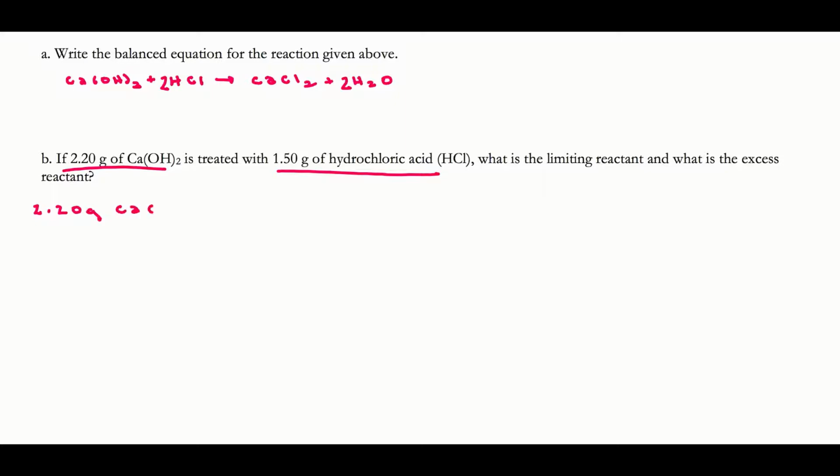Okay, so I'm going to take that many grams of Ca(OH)2 and I'm going to get that into grams of calcium chloride. And then I'm going to do the same thing for the hydrochloric acid, 1.50 grams of hydrochloric acid, and I'm going to convert that into grams of calcium chloride. Okay, so first I need to get out of grams of each of these. So out of grams of calcium hydroxide, I first need to get into moles of calcium hydroxide.